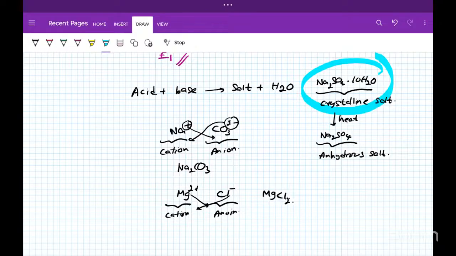Very simply, you have to arrange them in increasing order of electronegativity. If there are many elements there, you have to arrange them in increasing order of electronegativity.